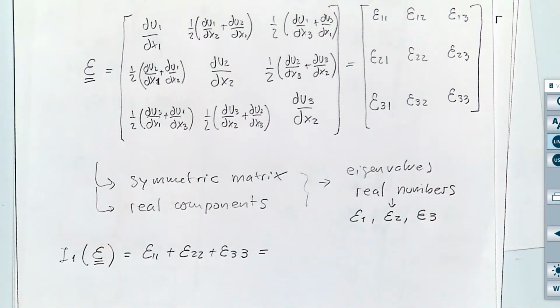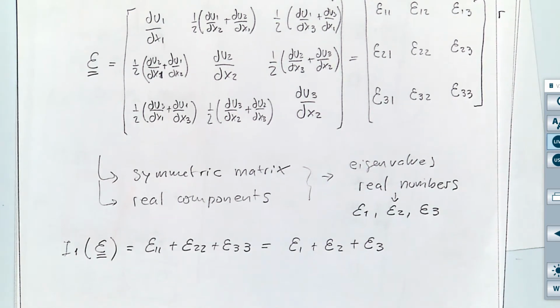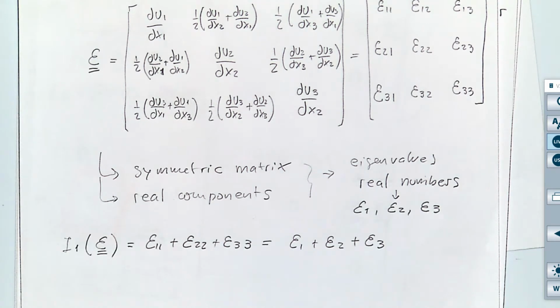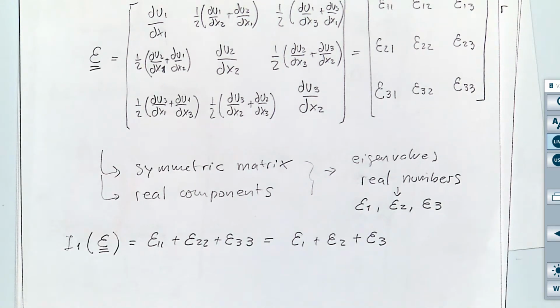And since the first invariant is always the same, this is also going to be the sum of the principal strains.